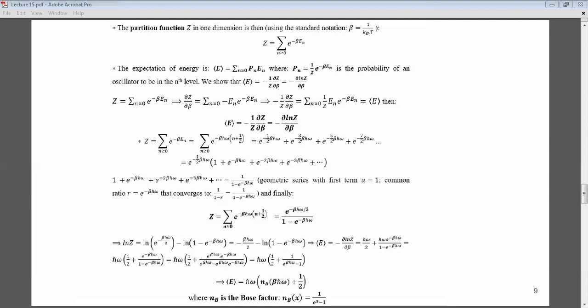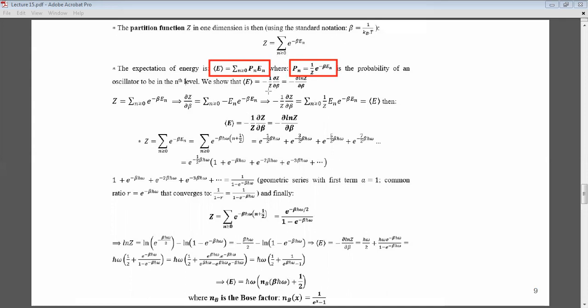So here, the expectation value of E, where P is 1 over Z e to the minus beta En. Now, look, what did we find here?